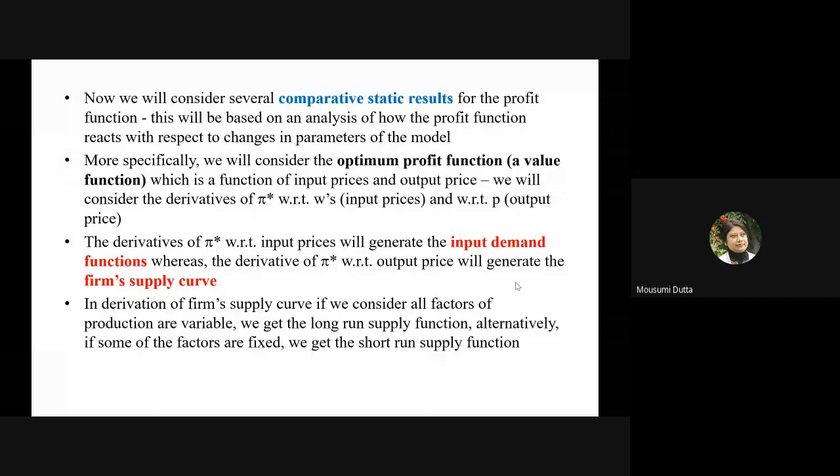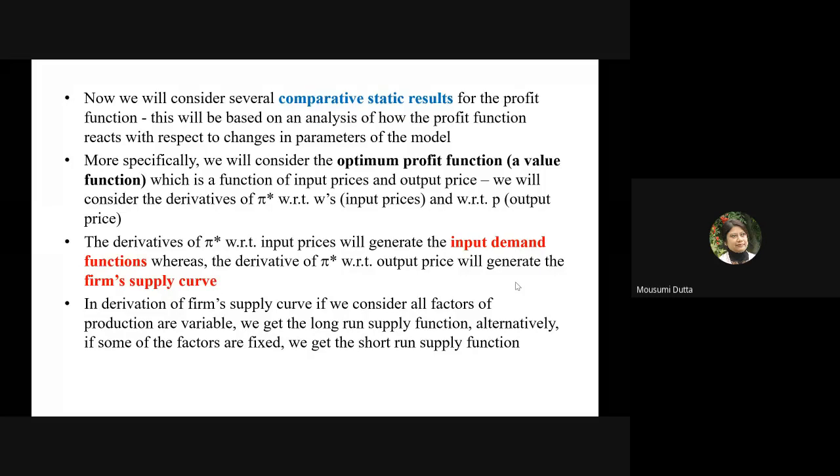So first we are deriving the equilibrium, which is the profit maximizing equilibrium, or say, some function where you are minimizing something. So you are finding the equilibrium value, which is an optimized value. Then how that equilibrium will change if we consider a change in the component of equilibrium.